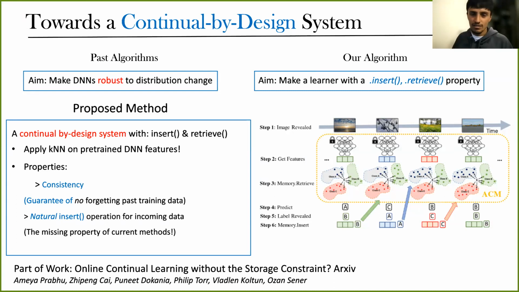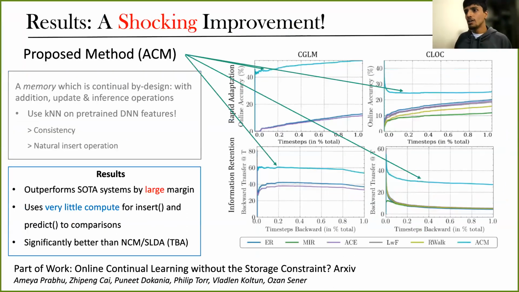And this is the first cut solution that we propose. Well, how well does this perform? Because it's a big ask to not train a deep network. We see that it outperforms current state-of-the-art online continual learning algorithms by a very large margin.